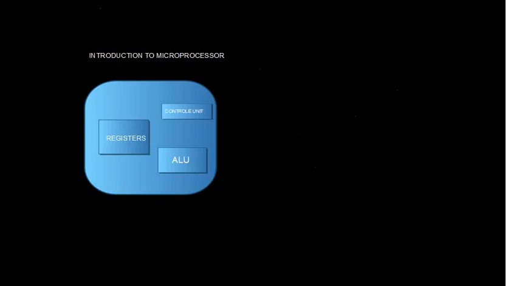So the basic components of any processor are, one is ALU, arithmetic and logic unit. By the name itself, it performs arithmetical and logical operations. The second one is control unit. The control unit controls the ALU.